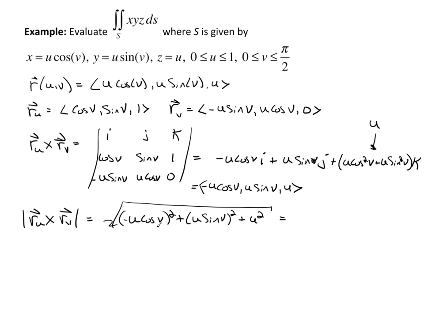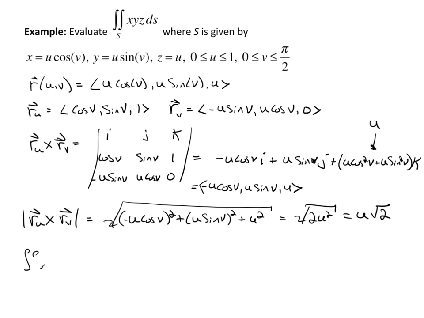When I expand this, if I factor out a u squared from these two, I have u squared times cosine squared plus sine squared, which is 1. So I'm going to have u squared plus u squared, which is the square root of 2u squared, which is u root 2.